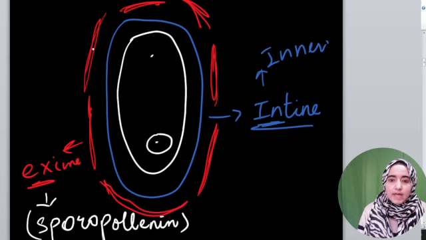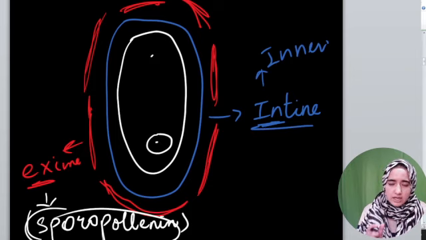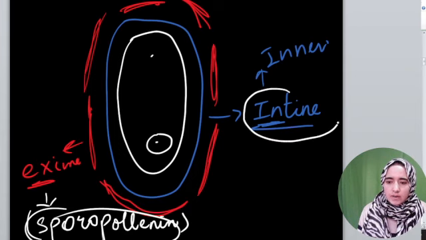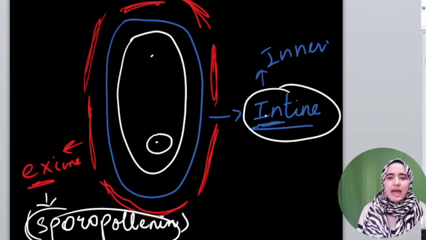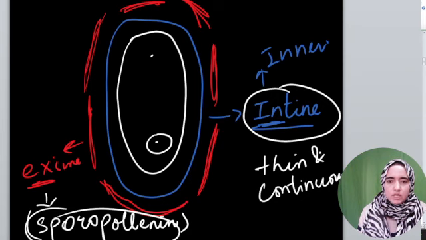Because it's protected by exine, which is made up of sporopollenin, which is too resistant to organic materials, enzymes, acids, alkali. Intine is the inner layer, a thin and continuous layer made up of cellulosic material. But if the question is which is more resistant, intine or exine, your answer should be exine, because it's made up of a very resistant material, that is sporopollenin.